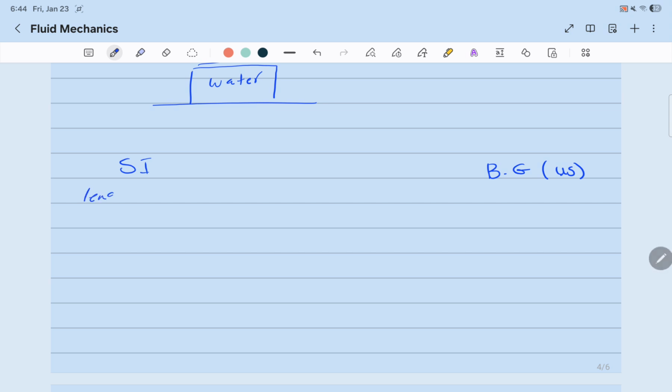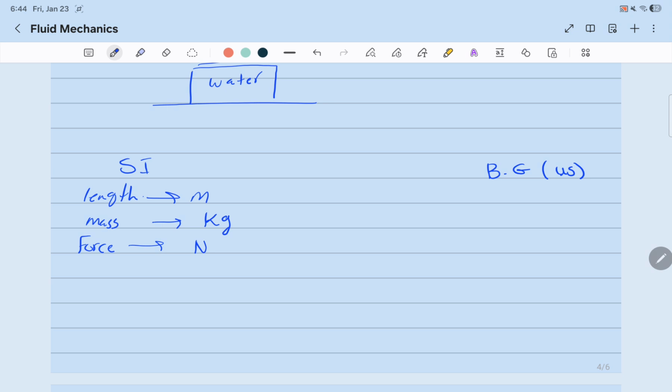For length, SI we use meters, mass use kg, and force we'll use Newton for SI.